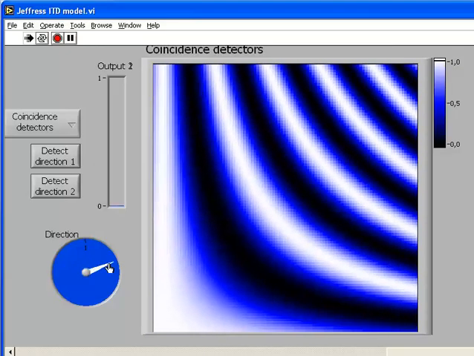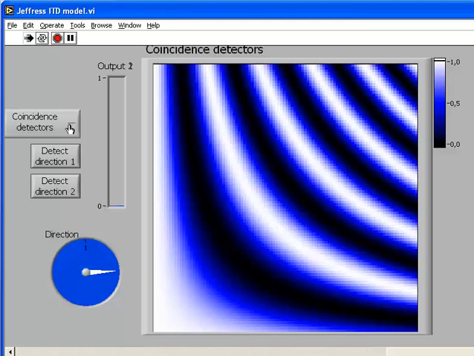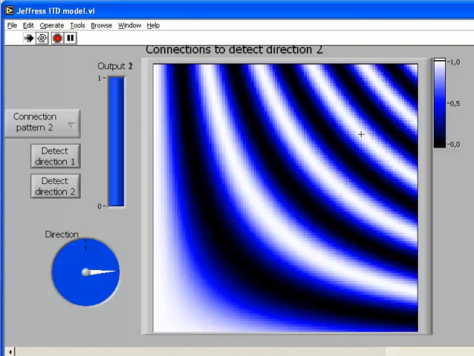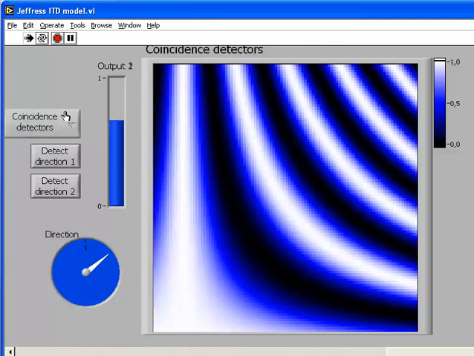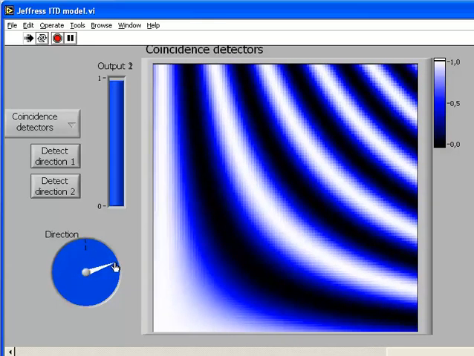So let's say I have sound all the way from the right, and now I tell it, so here let's look at connection pattern 2, doesn't exist. I give the command to learn, it reproduces that input pattern, and now the connection pattern doesn't change when the input does.